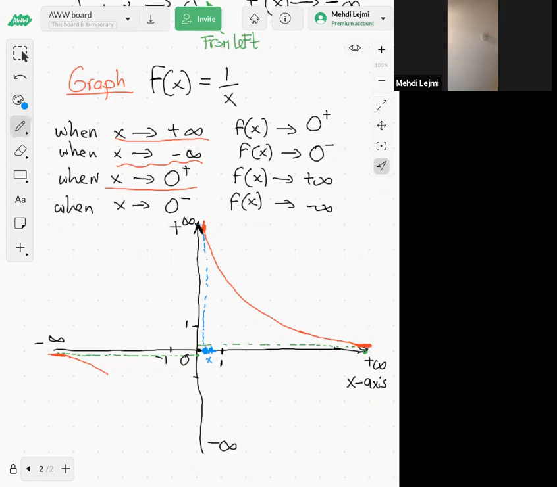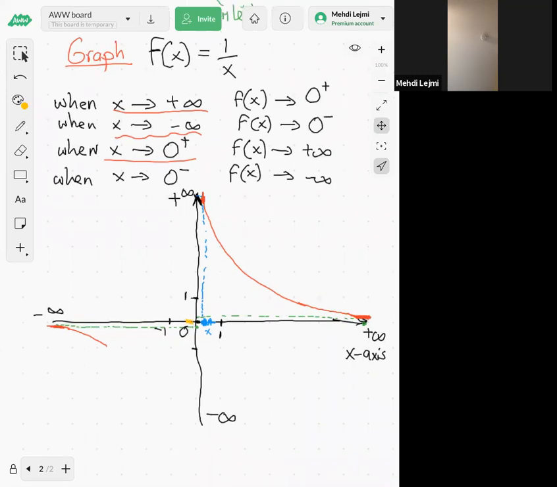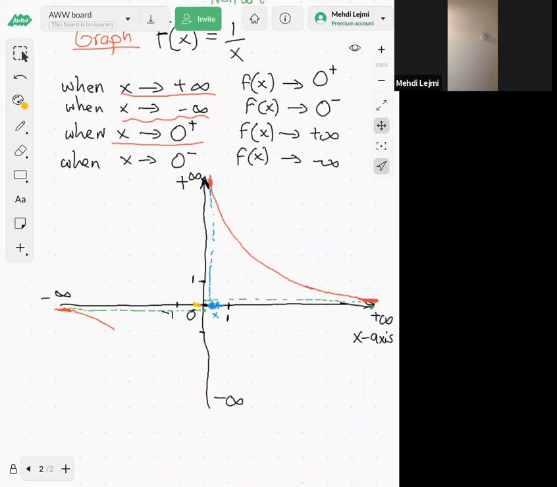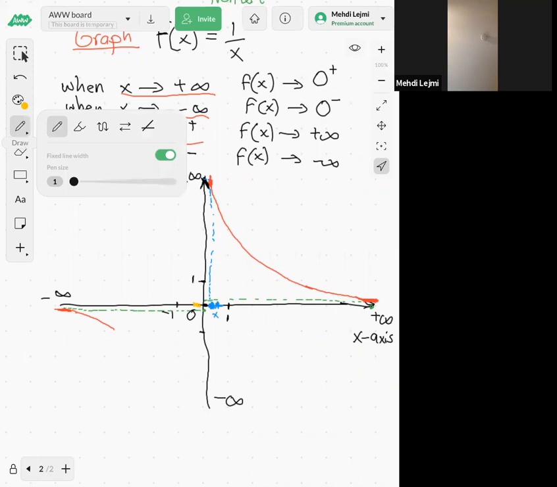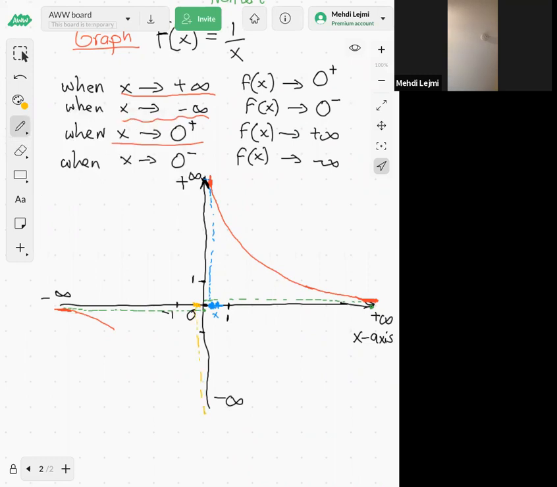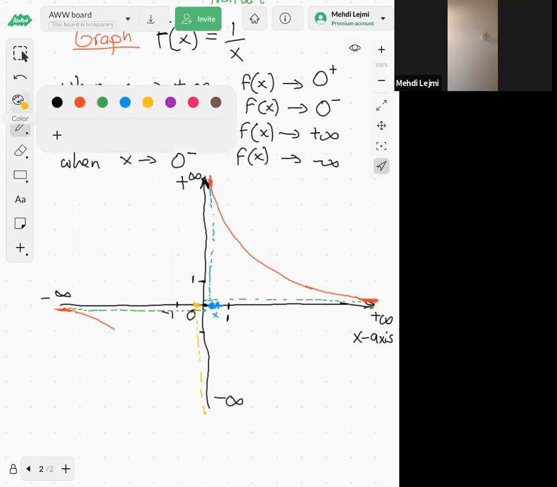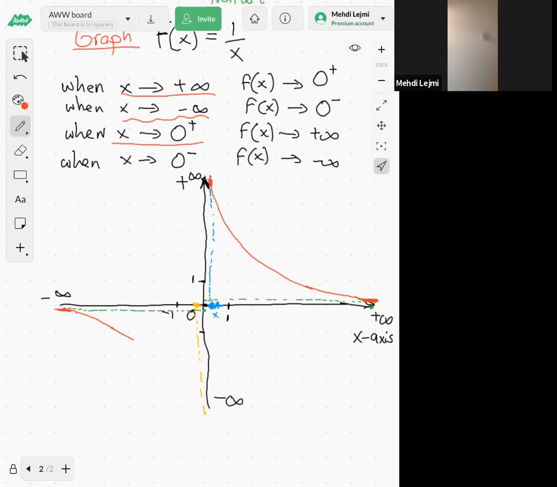And the same when you approach 0 from the left. You are on the left side of 0, so the output would be very close to negative infinity. So the image here is going to be very close to negative infinity. So the graph is going to be right here.